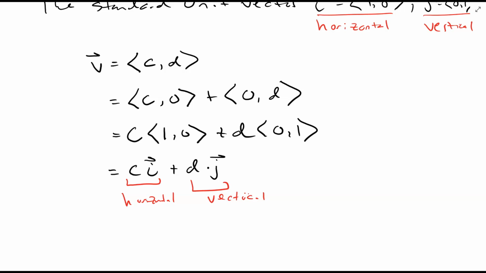So being able to break up a vector into a combination of these unit vectors is not really important right now, but it will be a little bit later. So just kind of sit on that.